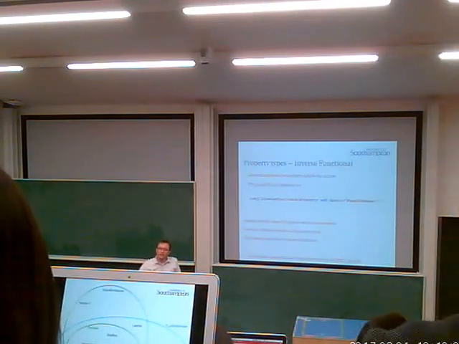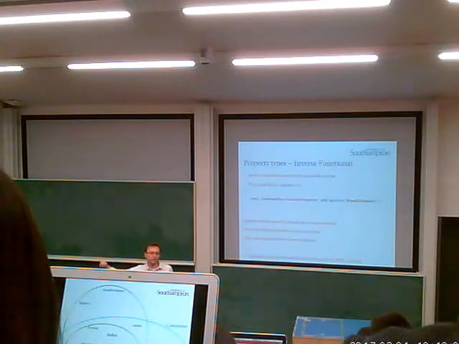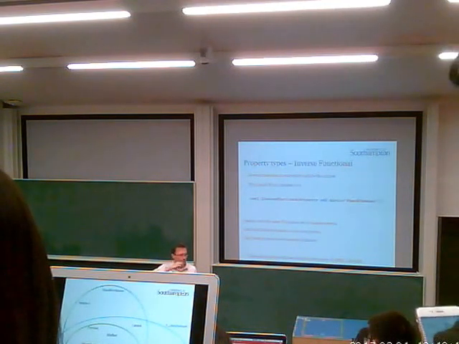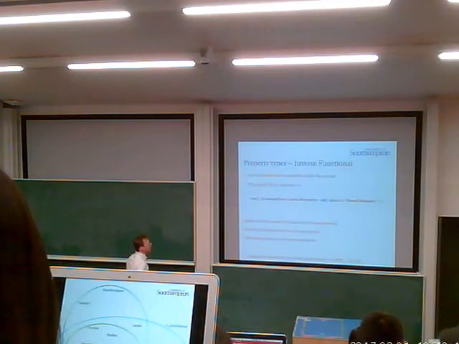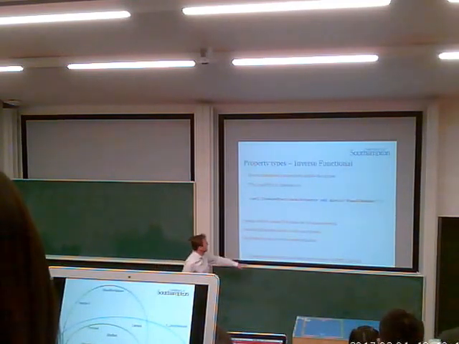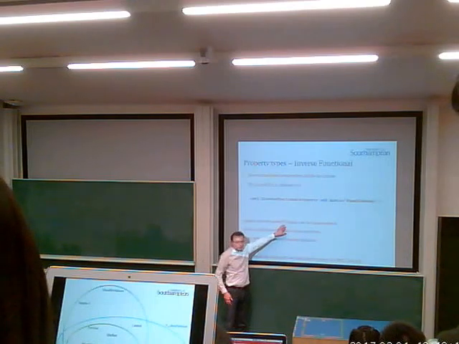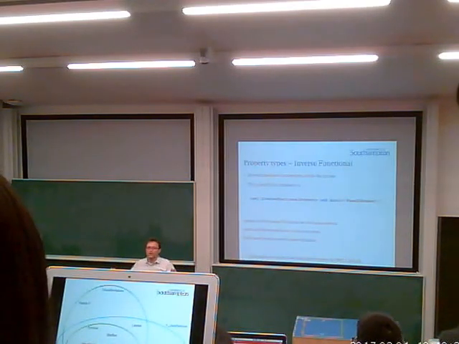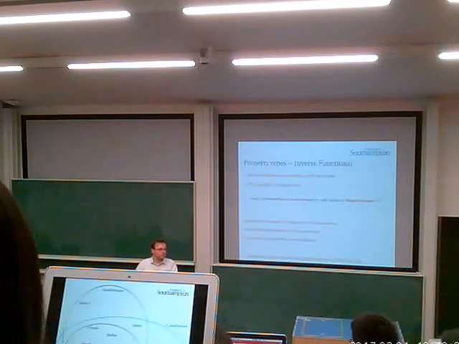Why is it called inverse functional? It is functional, but not away from the object, but pointing towards the object. And that's also how we use it. If we have two people who have the same national insurance number, they must be the same person.